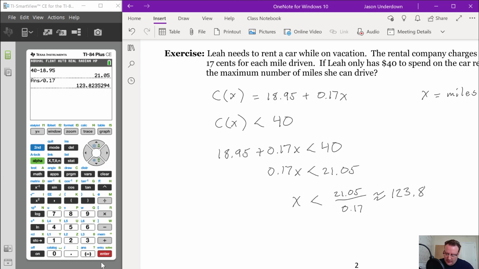Certainly if x is less than 123.8 miles, she'll be okay.